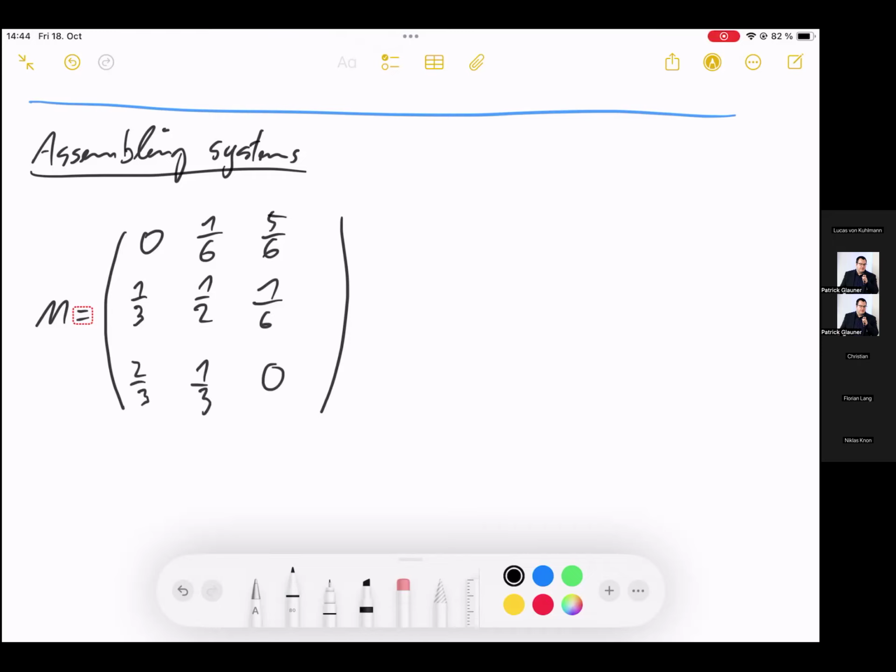And we can have a corresponding graph for M. So we have 0, 1, 2.